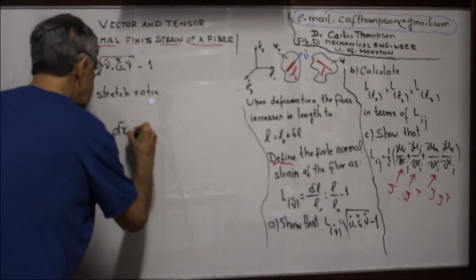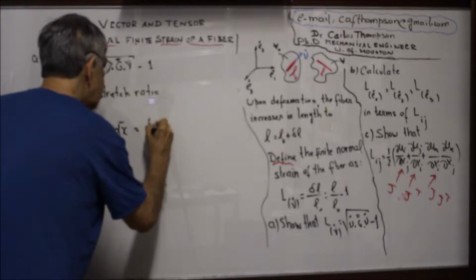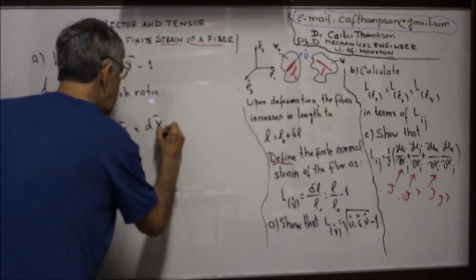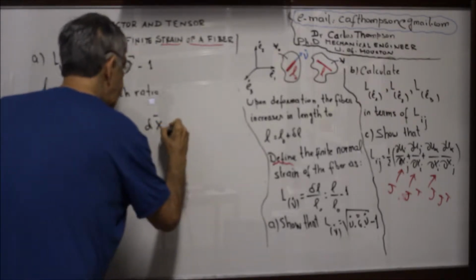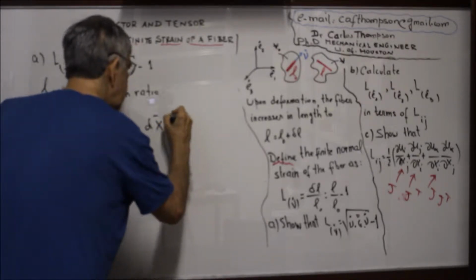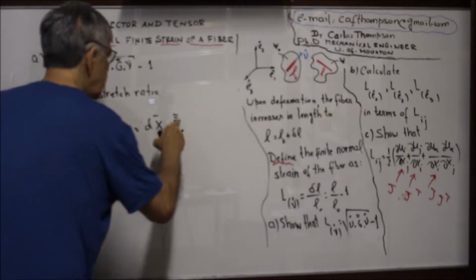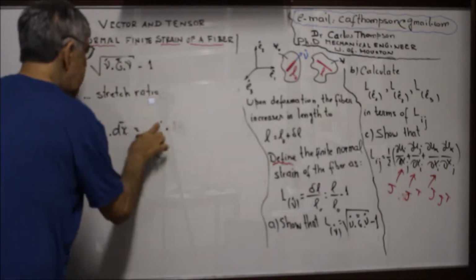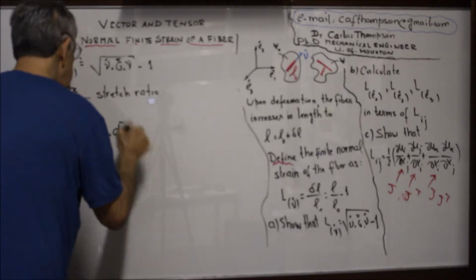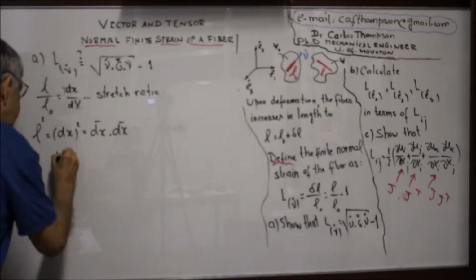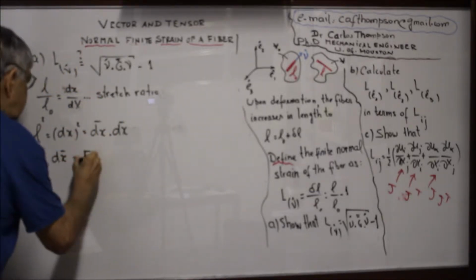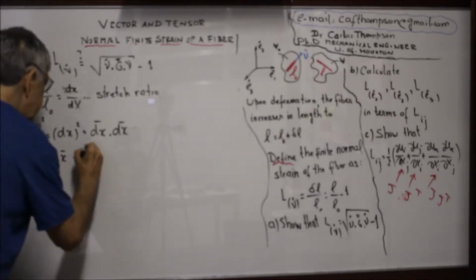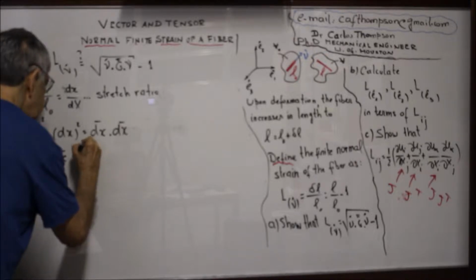As we saw last time, dx dot, now this is F dot. Let's write down here first. Now, dx is equal to the deformation gradient dot dX.